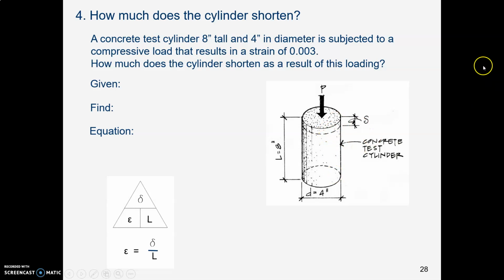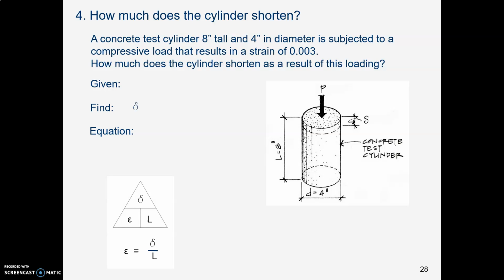So here's a concrete test cylinder. It's 8 inches tall, 4 inches in diameter, and a load gets applied to it that results in a strain of 0.003. Question is, how much does it shorten as a result of this load? What are we trying to find?